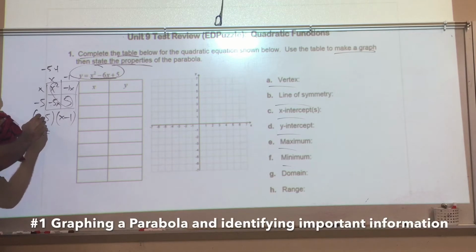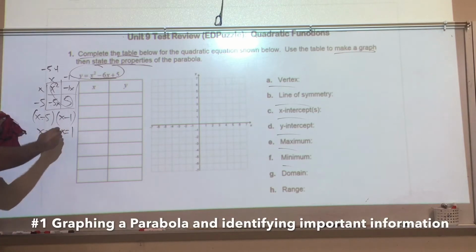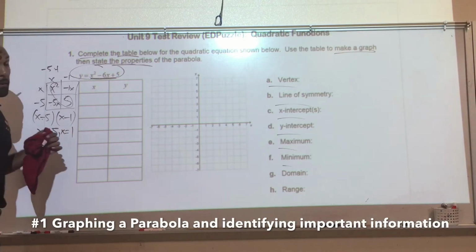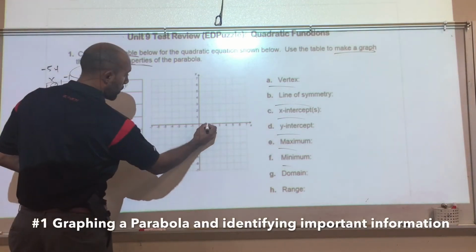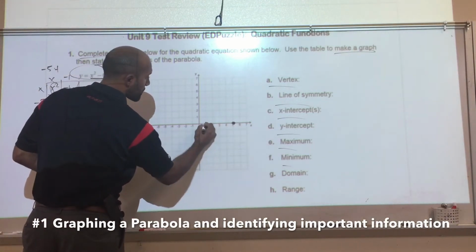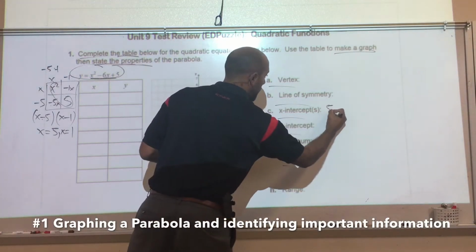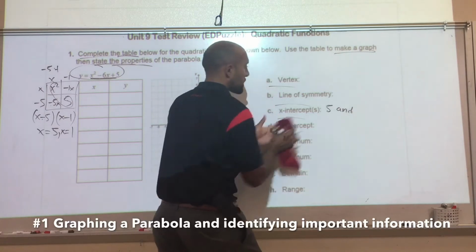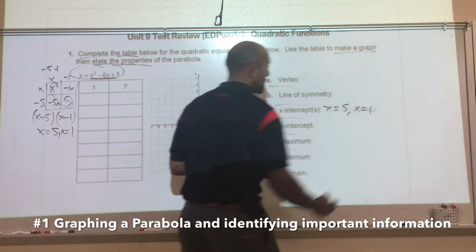So if that's -5, well then x equals 5 is my first x-intercept, and x equals 1 is my next x-intercept. So I know my vertex is in between those 2 points. So right now, 1 and 5, there's my x-intercepts. Okay, I'm going to go ahead and write that over here in our information. So 5 and 1, actually let's write this as x equals 5 and x equals 1.